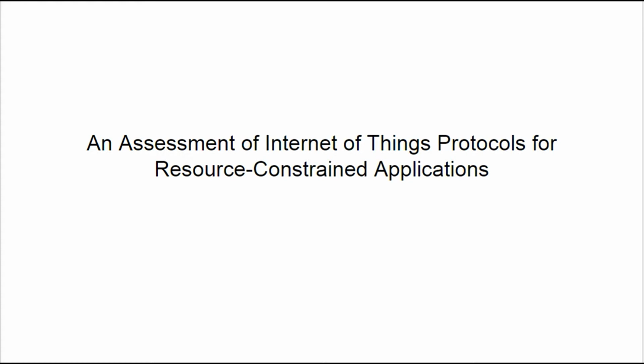Hello friends, today we're going to discuss the various IoT protocols and their suitability for resource constrained applications. IoT applications operate in various wireless networks, in a variety of constrained environments in terms of network conditions and limited hardware resources.